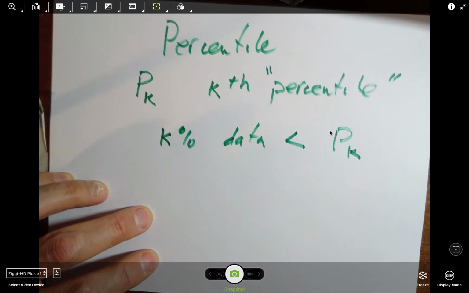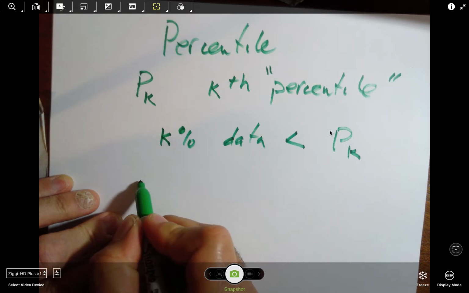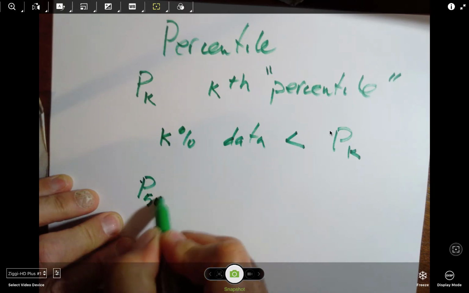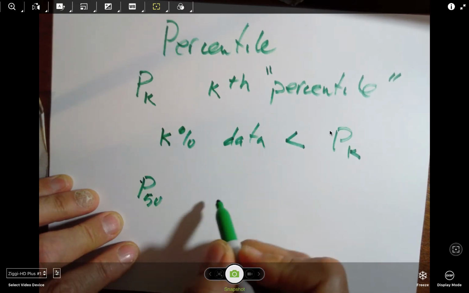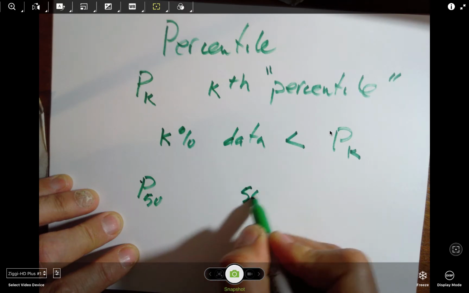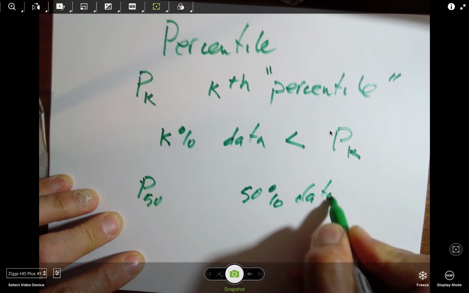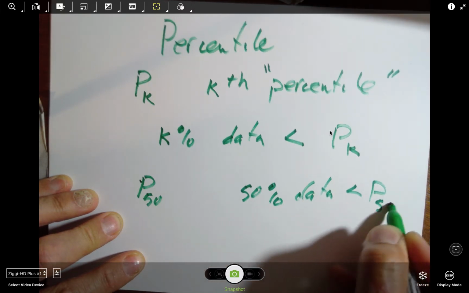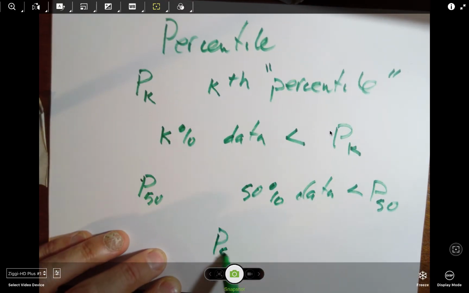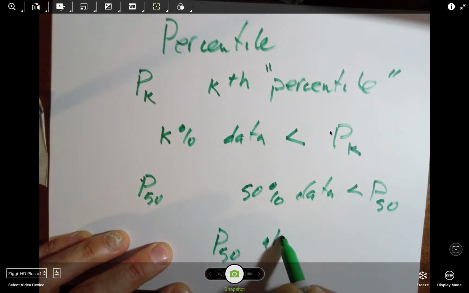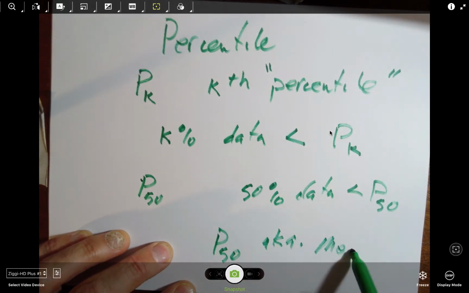In other words, P sub 50 is the value such that 50% of the data is less than P sub 50. And by the way, P sub 50 is the median. It's also known as the median.